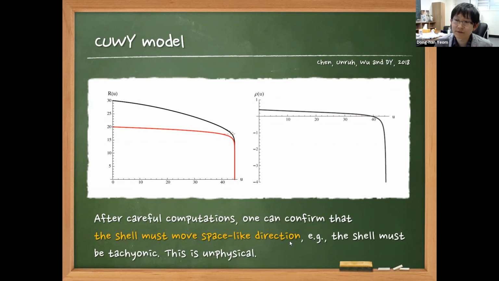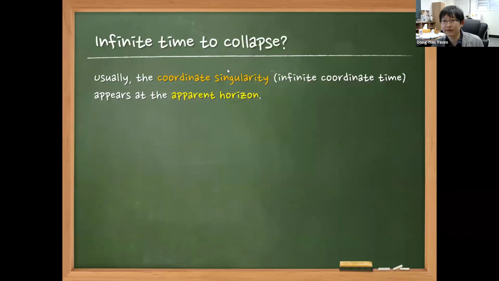In this paper, what we focused on is to demonstrate the KMY model, and we have shown that indeed a black hole must be formed, and their assumption was a little bit inconsistent at some point. And there might be some acausal move of the shell if there is no formation of the black hole and so on.